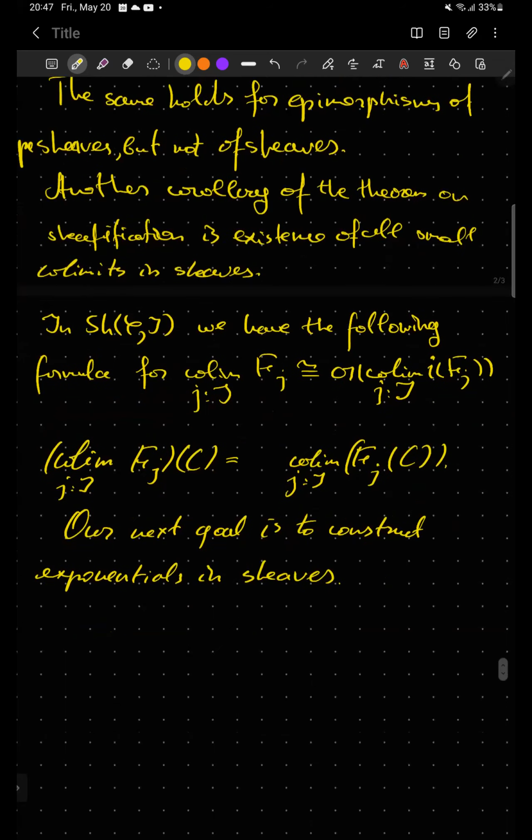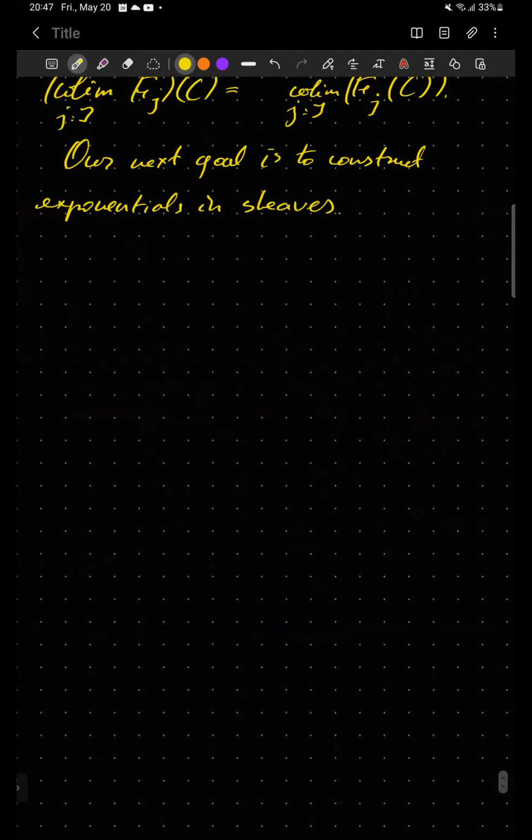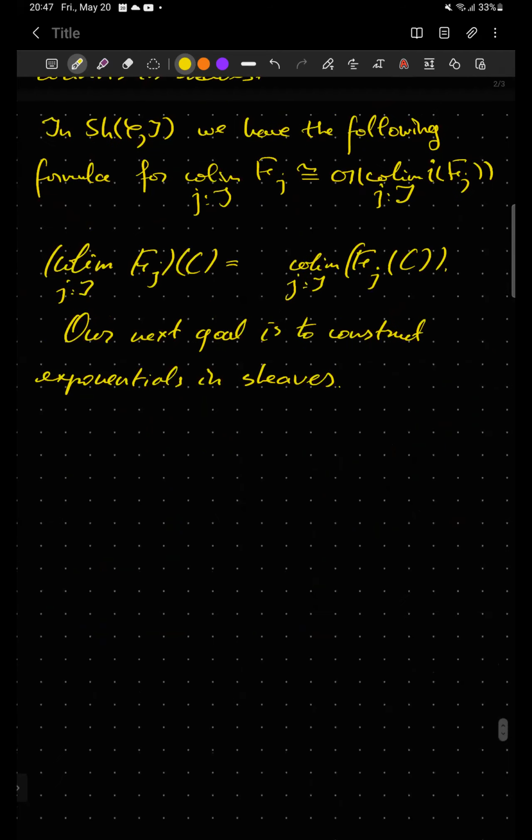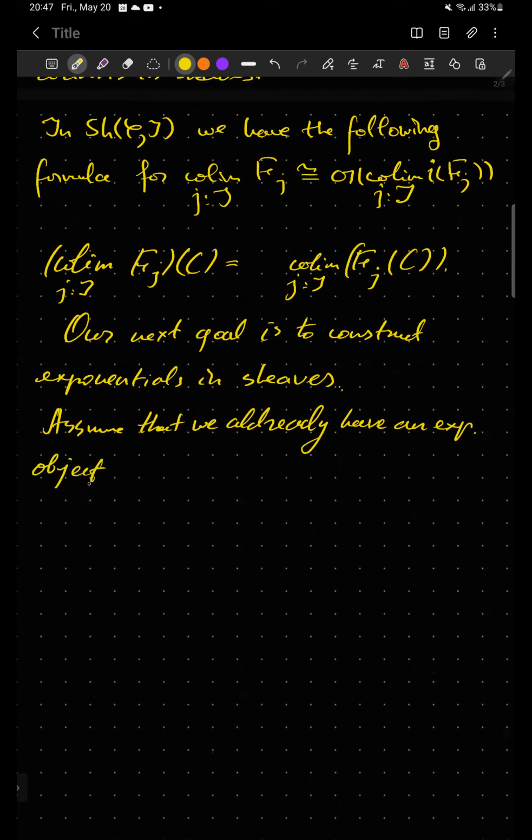Assume that we already constructed such an exponential object. Then it is constructed just like in pre-sheaves.